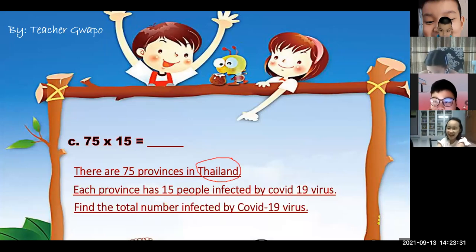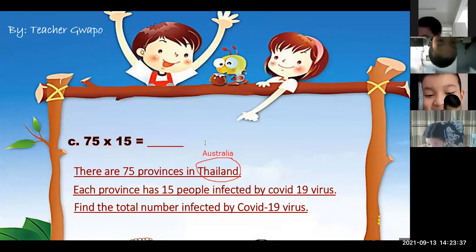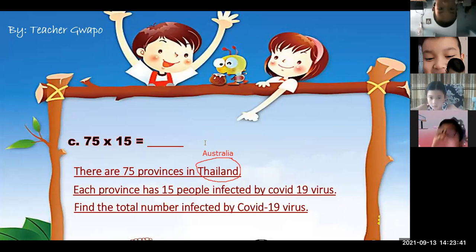It's okay. Okay, Australia. So there are 75 provinces in Australia or China, Singapore, United States, up to you, any country you want to use. And then each province has 15 people infected by COVID-19 virus. Or instead of virus, you can use other sickness. Or infected by SARS. You know SARS?